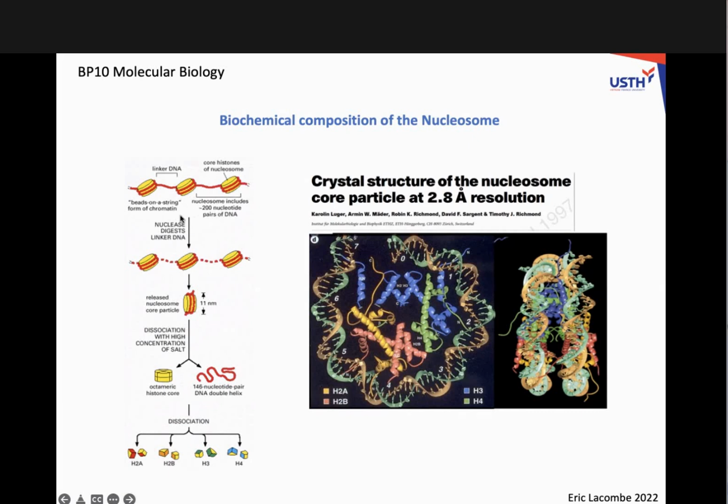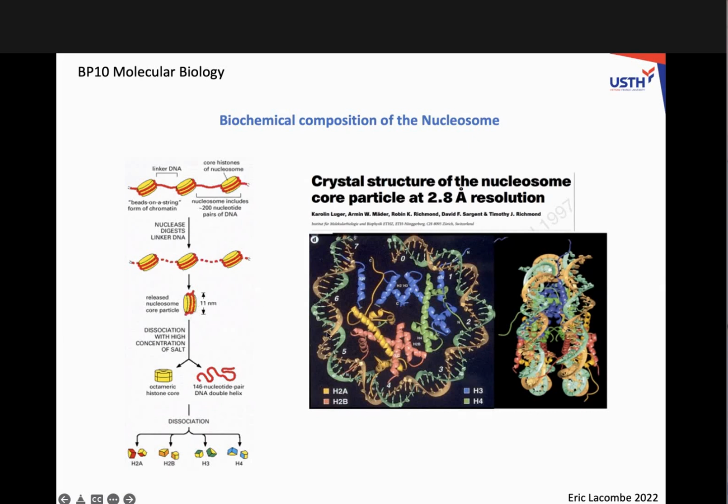So the strategy was this one. We use a nuclease that is going to cut only in regions that are not protected by the octamer. At the end of that, you can collect only the complexes with DNA and the proteins composing the nucleosome.